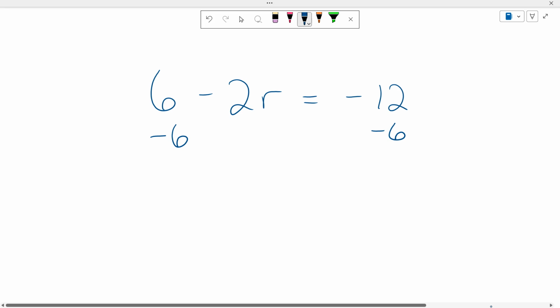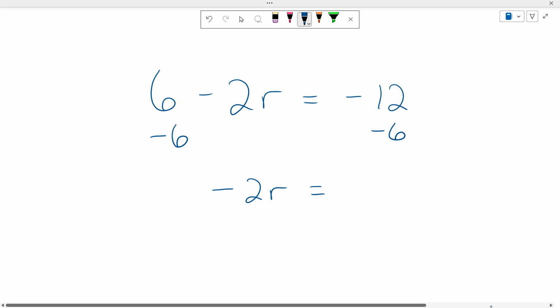Well, negative 2r is left. Don't change this into 2r. It is negative 2r equals... no. Negative 18. How about what Ben said?